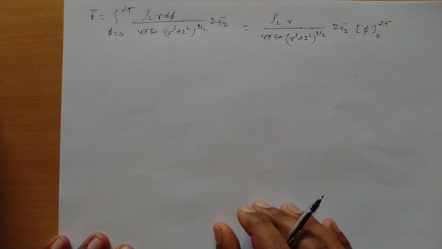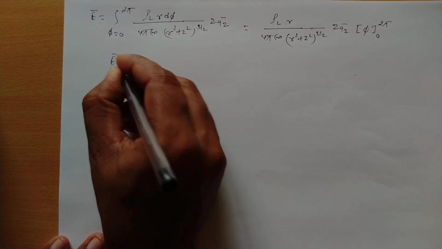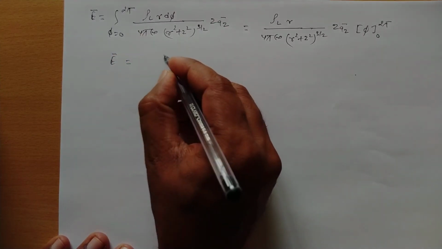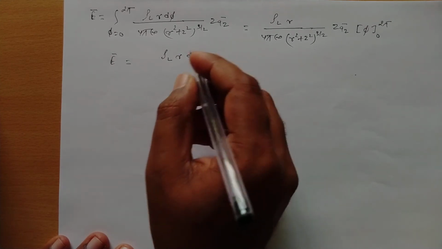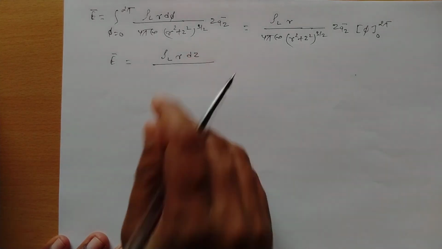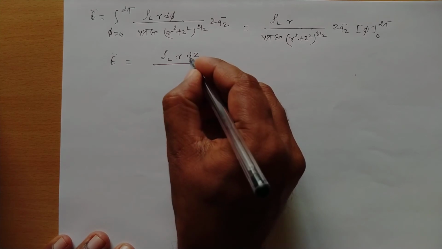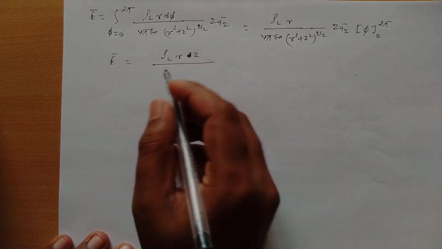Now further we'll solve this one. So we'll get the final expression of the electric field intensity as rho L R Z, and only the Z component will be there, so aZ.